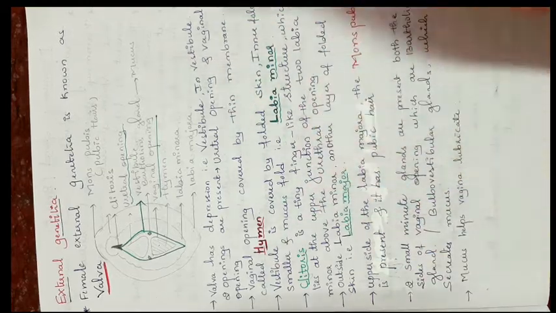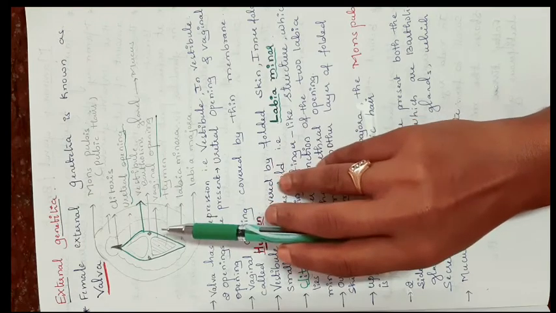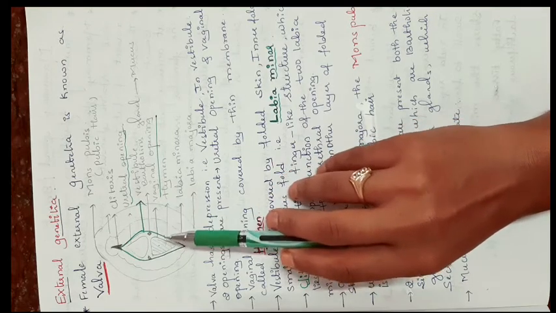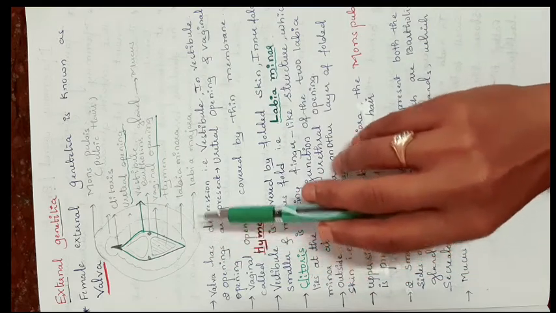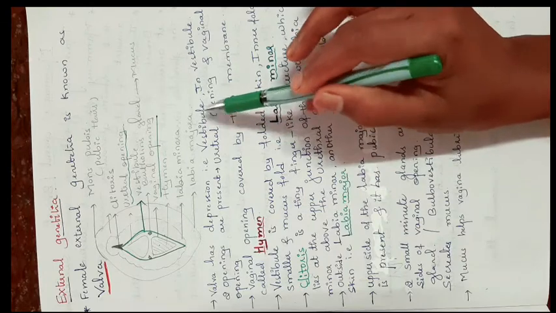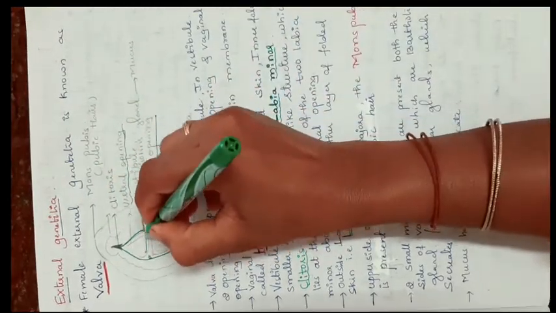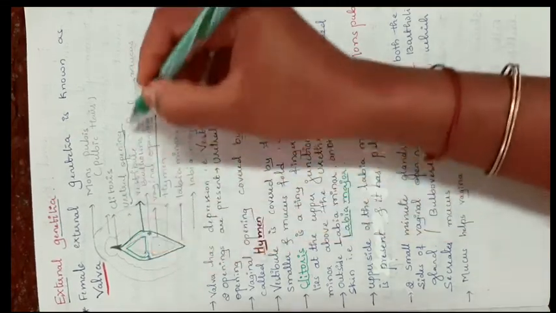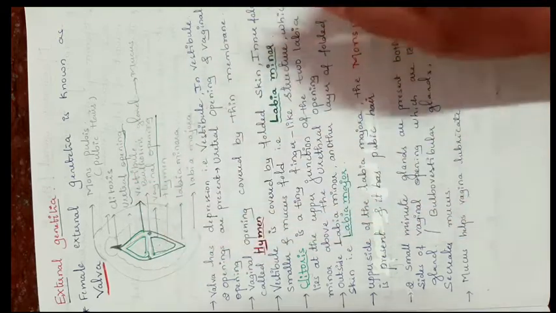Once again I will repeat. External genitalia is the vulva. It is just like a depression, called the vestibule. In the vestibule, two openings are there. The upper opening is the urethral opening, the lower opening is the vaginal opening.